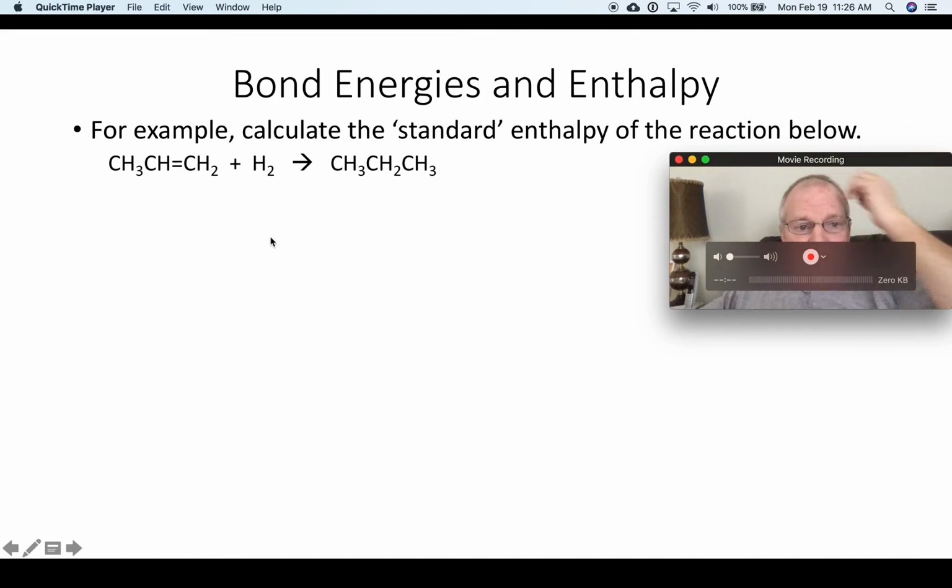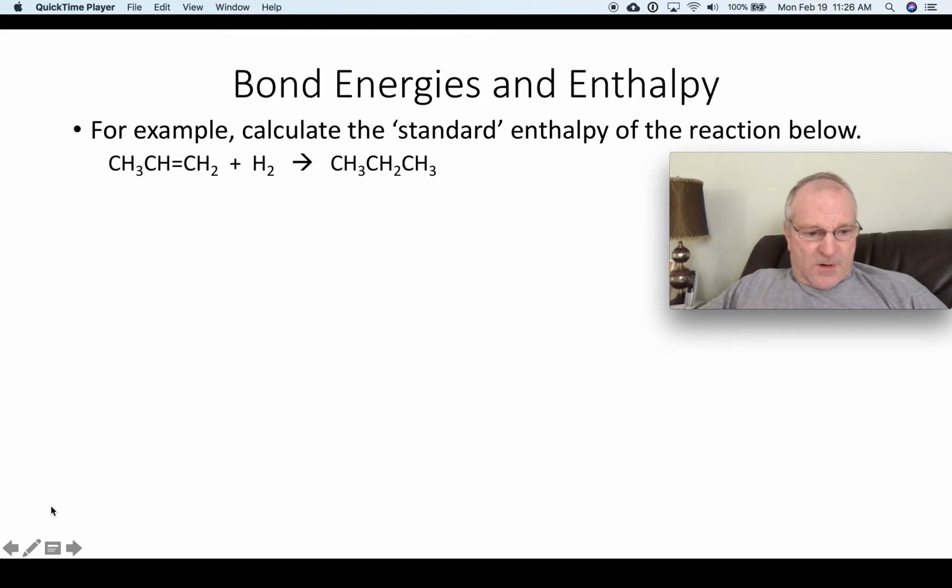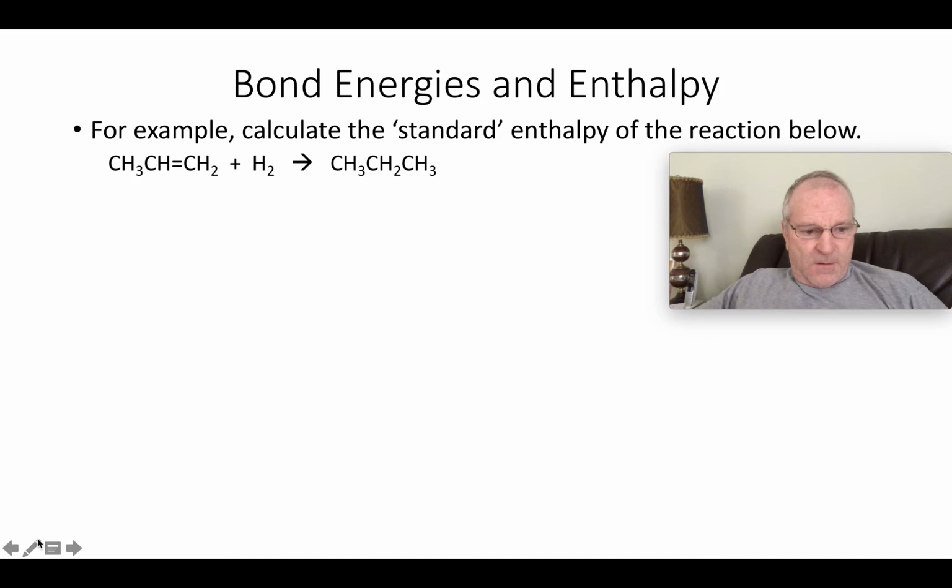So I'm going to draw Lewis structures, kind of a dumb Lewis structure, these guys. There is a carbon right there with 3 hydrogens on it, hooked to a carbon with 1 hydrogen on it, which is double bonded to a carbon with 2 hydrogens on it.